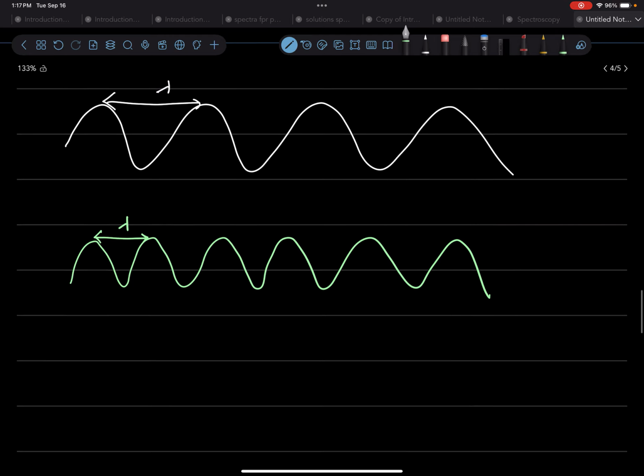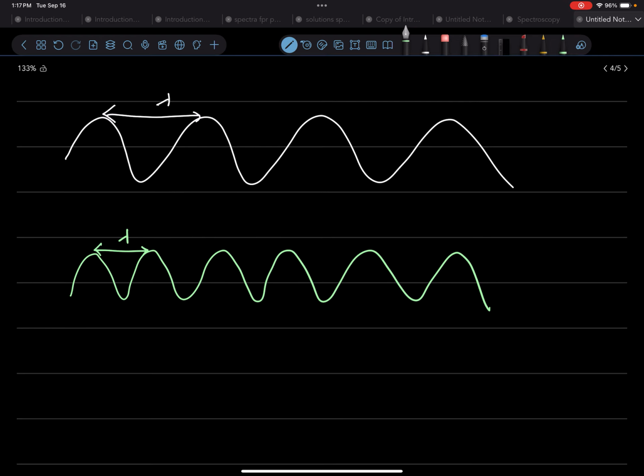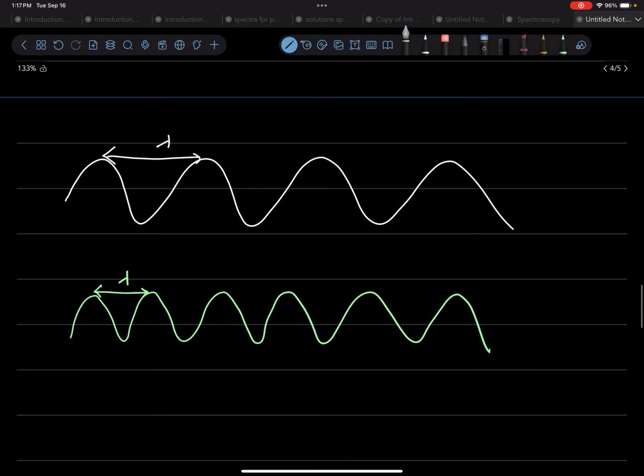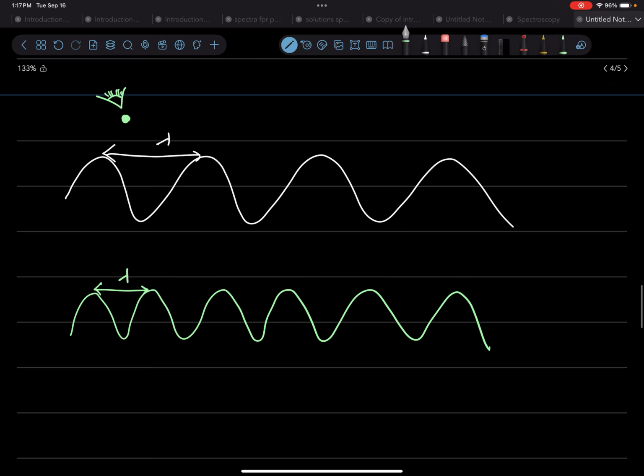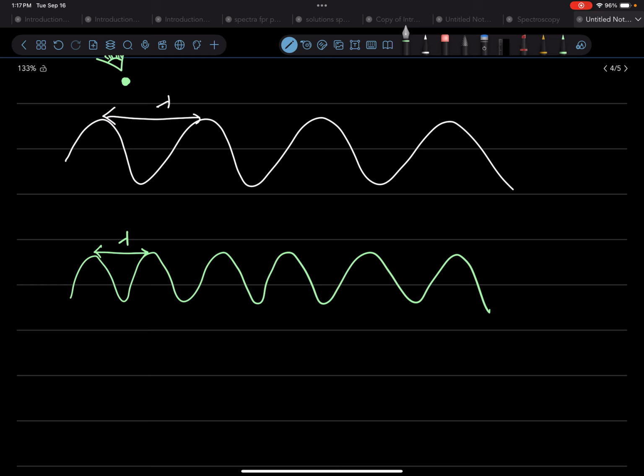Now, whose frequency is more? Suppose this is your eye, and you're looking from here, focusing on one point along this line. Which wave will you see more number of times as compared to the other one? You're definitely going to see the green ones moving more times because its wavelength is less, so it passes more number of times from the same point.